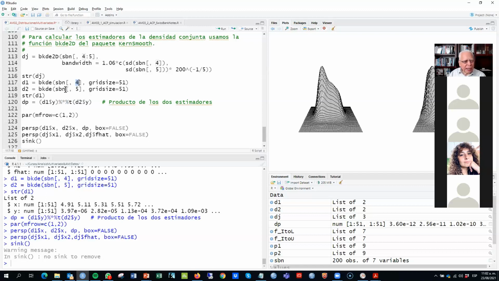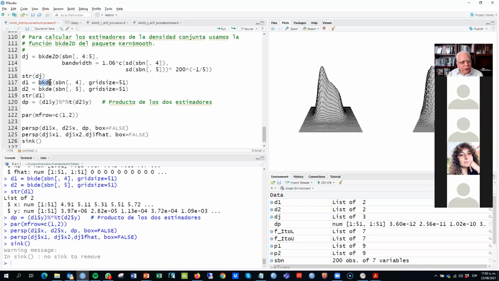And in D2, I'm doing the density estimates for only one variable. DJ has the joint density estimate for two variables, inner to lower and inner to upper, by putting the two columns there.